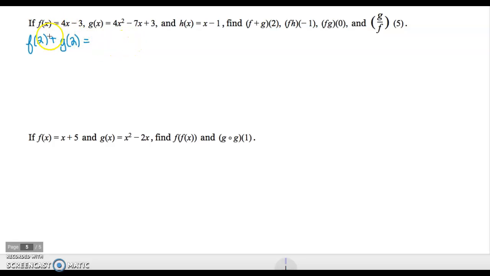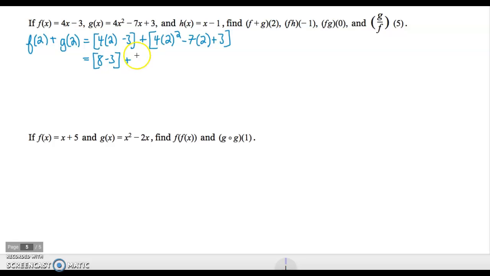All right, so if I do f of 2 first, that'll be 4 times 2 minus 3, plus g of 2 would be 4 times 2 squared minus 7 times 2 plus 3. In this first part, 4 times 2 is 8 minus 3.